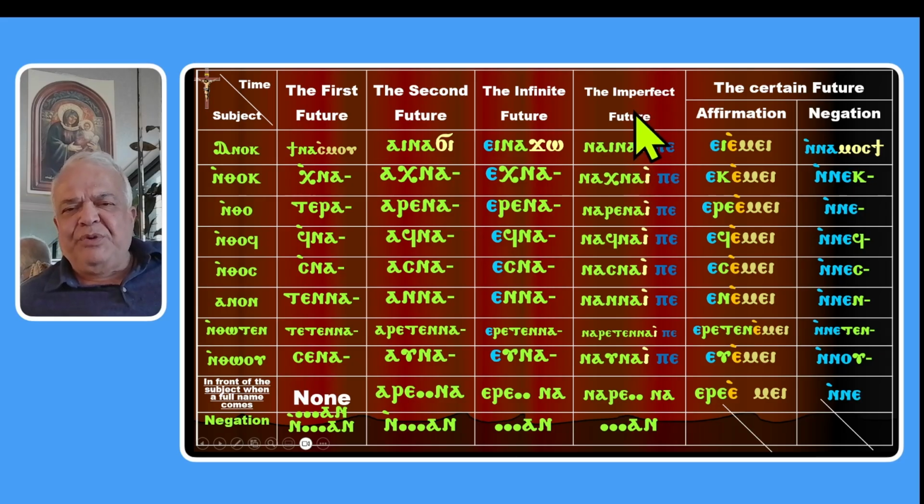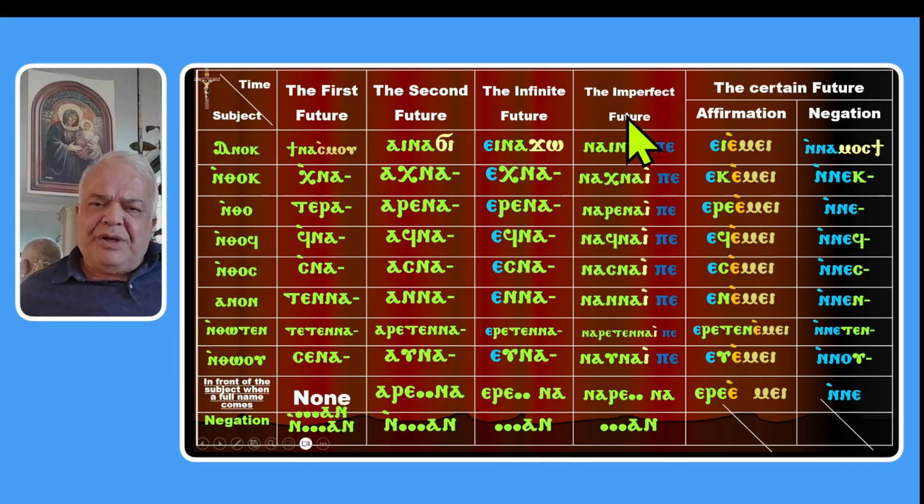Because that's a future which is predicted by somebody talking in the past tense. Like in the previous days, somebody was prophesying that in the future this may happen. But he is not sure how it happens and when and what are the details of the future incident itself. That's why we call it the imperfect future.